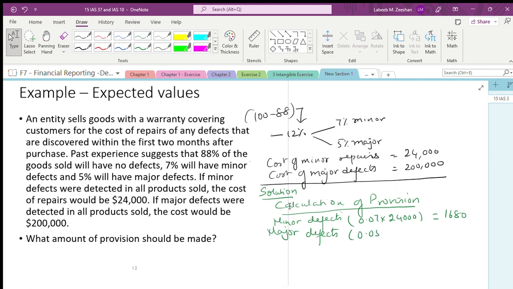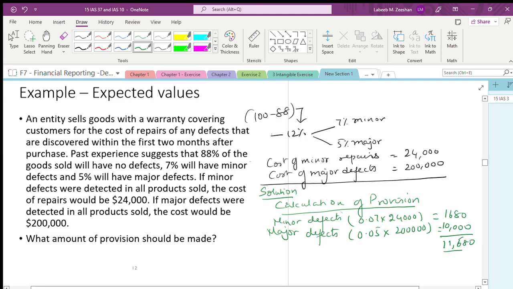Major defects are 5%. 200,000 into 5% comes to 10,000. Where is Rizwan? Not seen. The total is 11,680. This is nothing but the amount of provision.